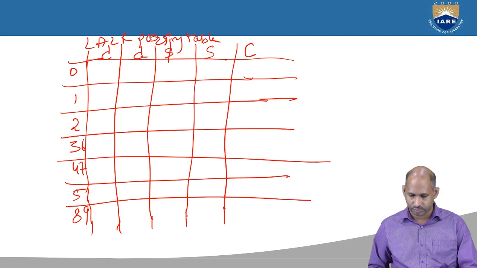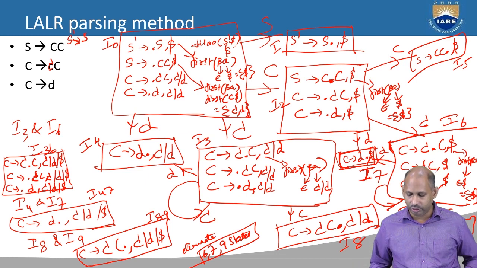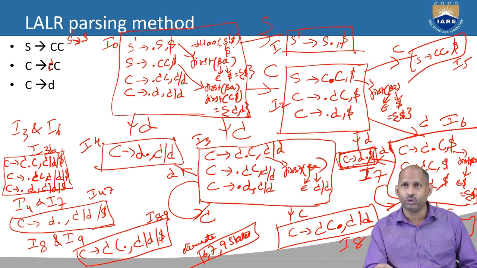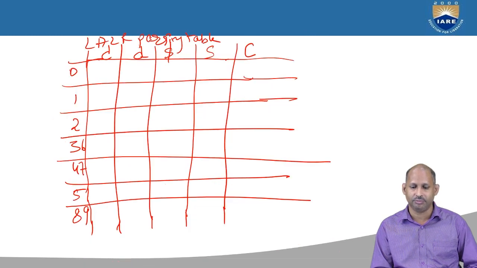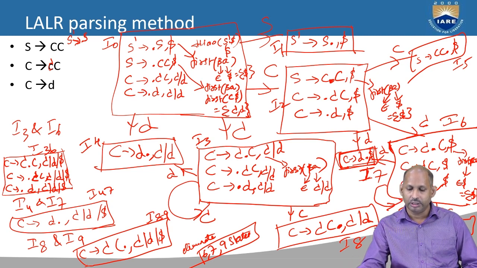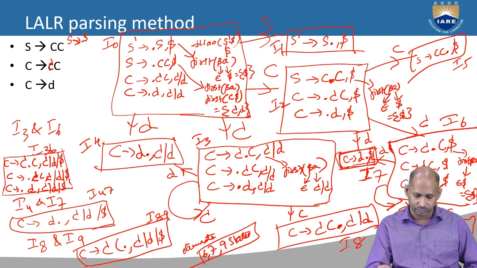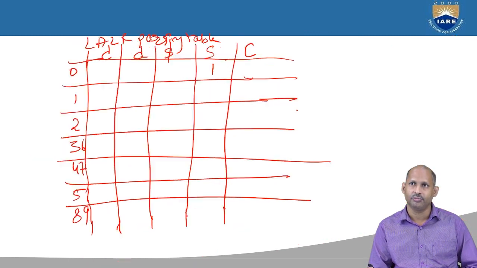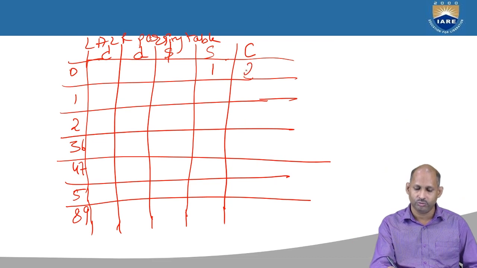Now, in I0, there are go-to operations: on variable S, going to I1, right? Then on variable C going to I2.